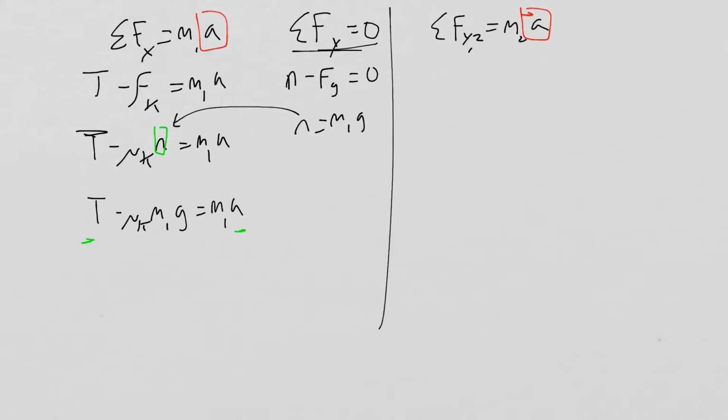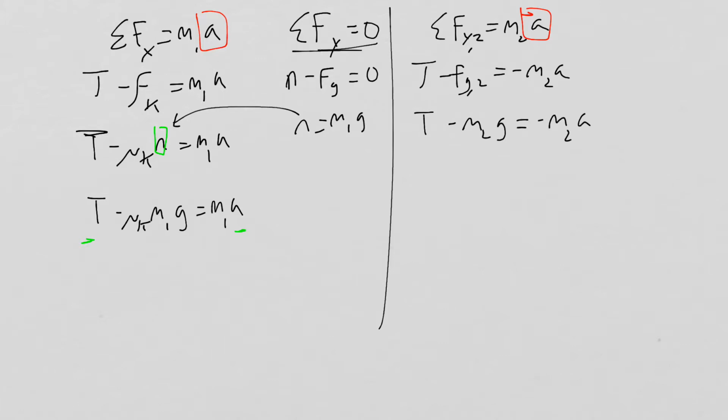So we can write the net force, tension minus Fg of block 2 equals negative m2a. So tension minus m2g equals negative m2a.